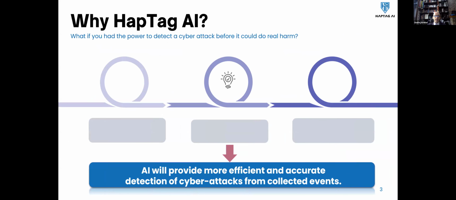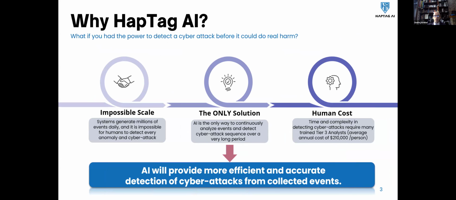Our two words come from fortune and a label that's attached to a data set. So why Haptag AI? Currently, it's impossible for humans to completely connect the whole threat sequence of nation states or more sophisticated cyber attacks. AI can really work through the long tail of these types of attacks and combine them in a very unique view, and represent them with a much deeper knowledge of every point of that cyber attack.